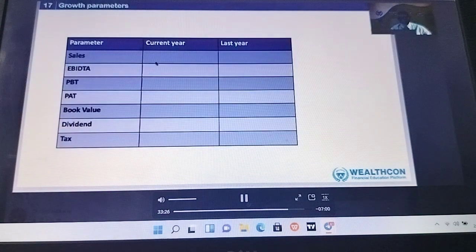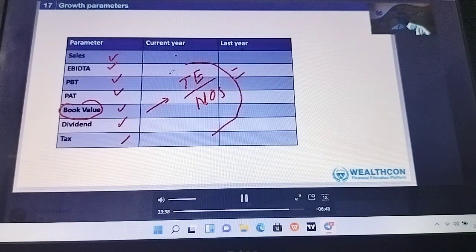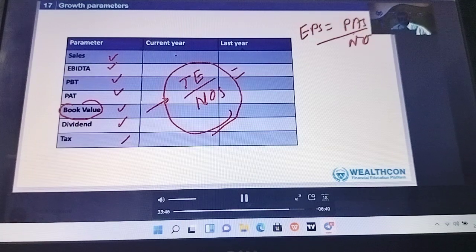Then growth parameter: you have to find the sales growth rate, EBITDA. Now it's very easy to calculate from last year to present. One number here is the book value. What is book value? Total equity divided by number of shares is the book value. The way we have EPS, profit after tax divided by number of shares, similarly total equity divided by number of shares is the book value.